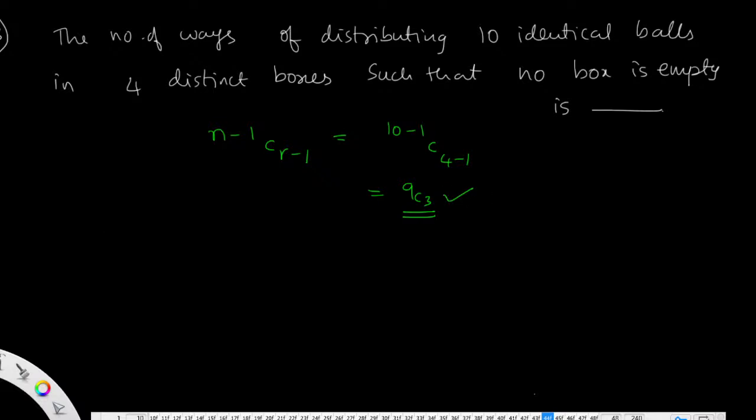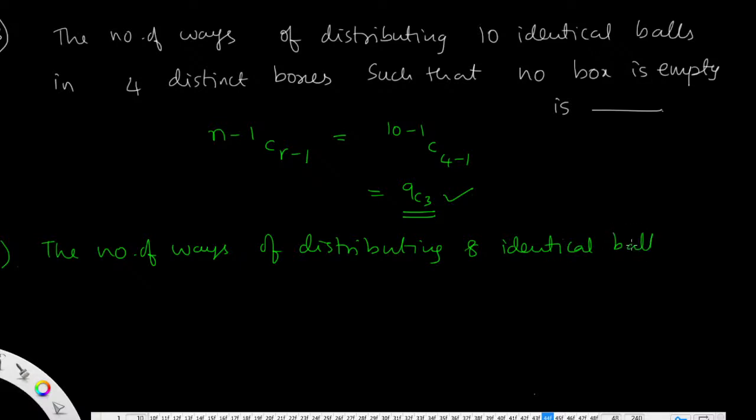Next similar question, another same type of question. Question number 9. The number of ways of distributing 8 identical balls in 3 distinct boxes so that none of the boxes is empty.